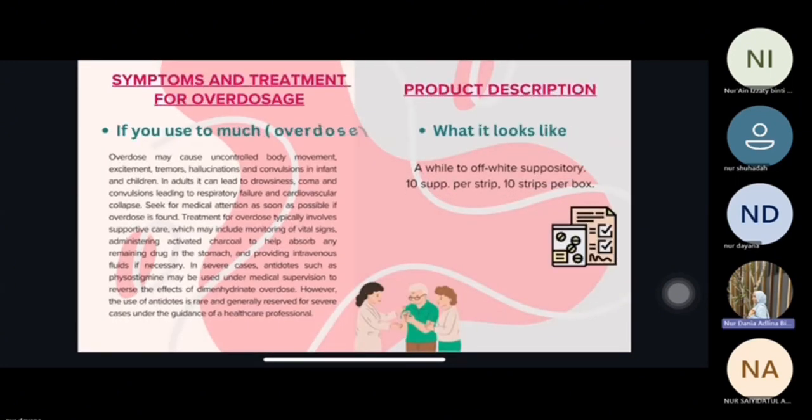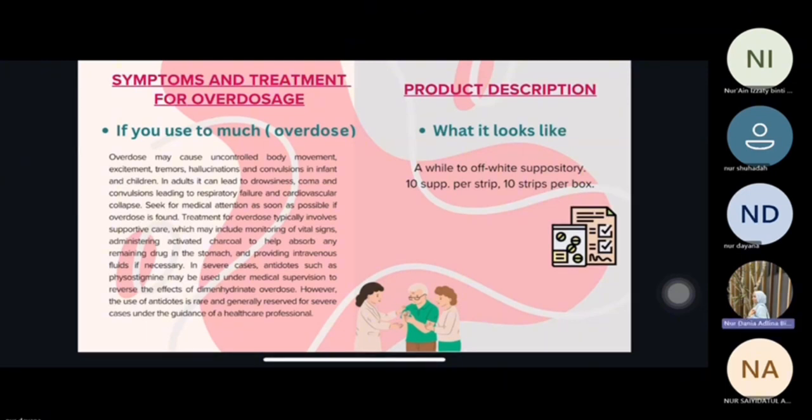The next is symptoms and treatment for overdosage. Too much overdose may cause uncontrolled body movement, excitement, tremors, hallucination, and convulsion in infants and children.